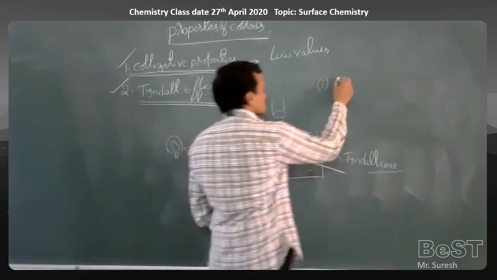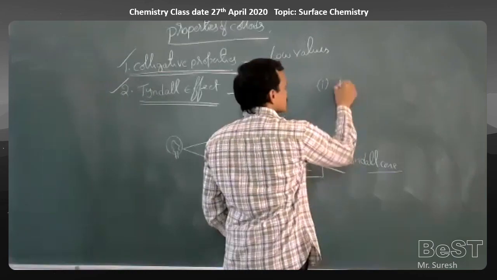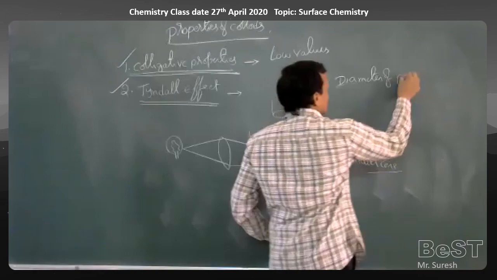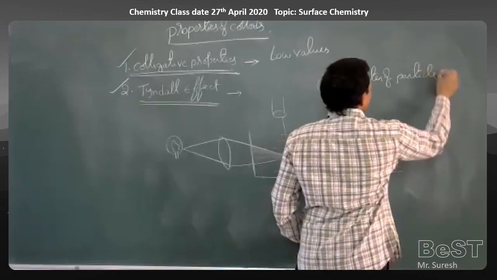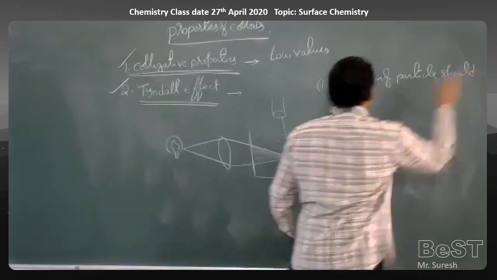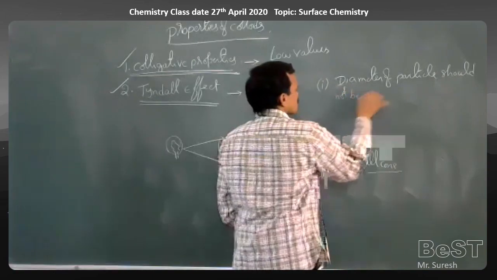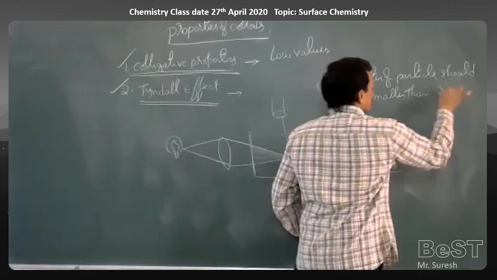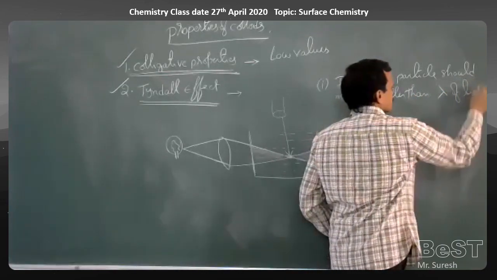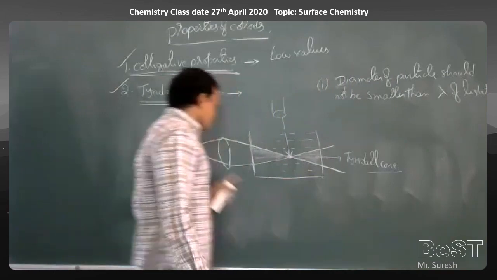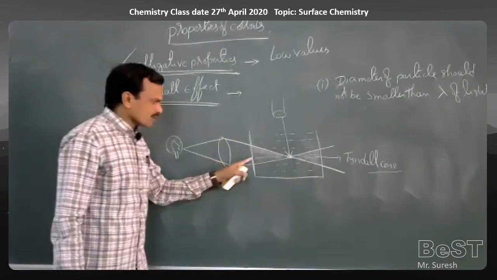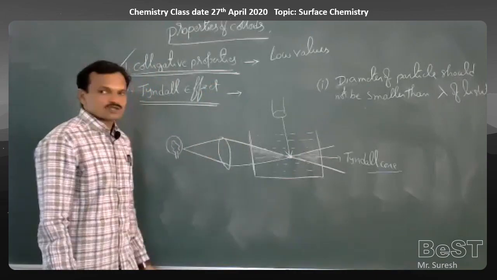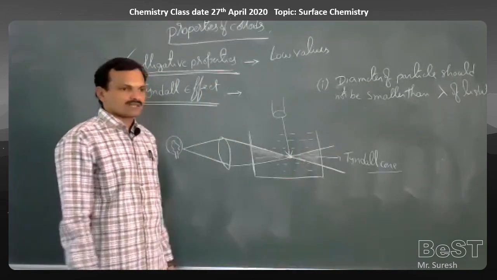The first condition is that the size, that is the diameter, of the particle should not be smaller than the wavelength of light. If we compare the wavelength of the light we are passing with the diameter, the diameter of the particle should not be less than the wavelength of the light.